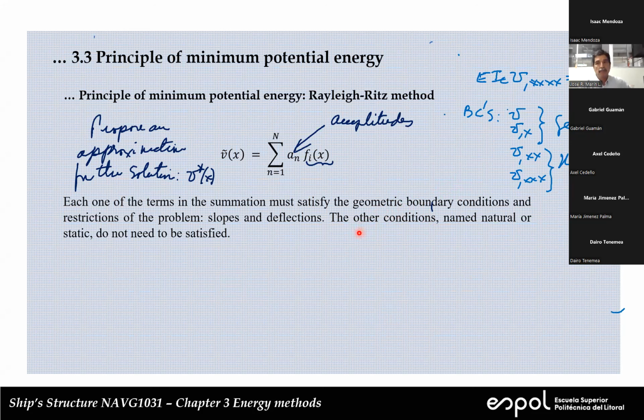Don't recall? Mis Puertas, can you hear me? Yes, teacher. How do you express the bending moment as a function of V?